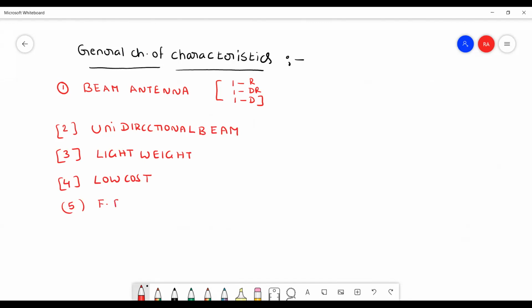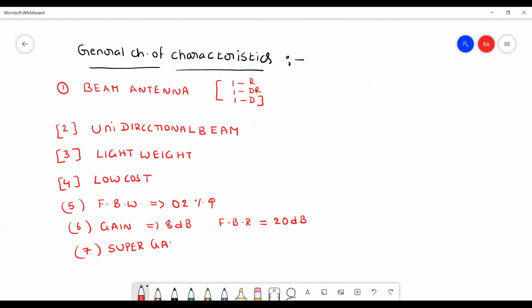The frequency bandwidth obtained from this Yagi-Uda is limited, with the percentage increasing with more elements. Very good gain, practical gain of 8 dB. The front-to-back ratio is approximately 20 dB. Another name is super gain antenna or super directivity antenna.